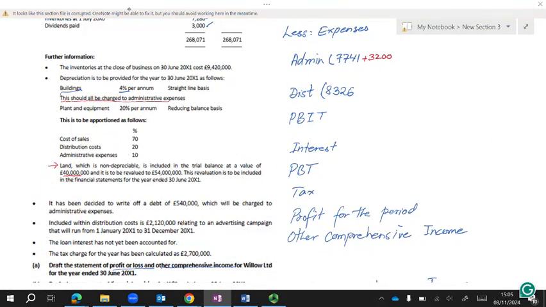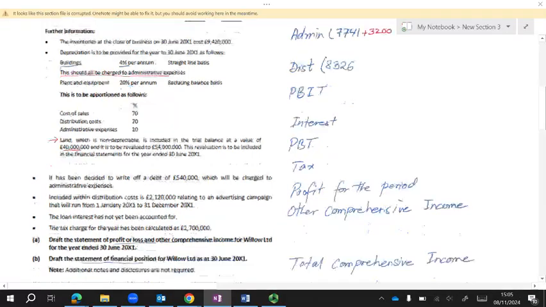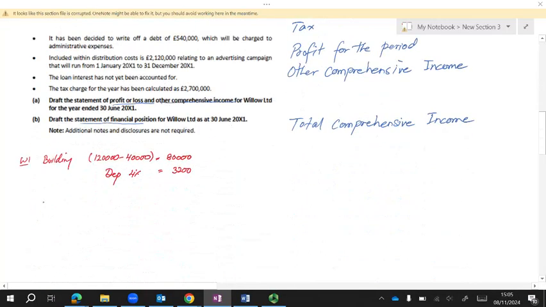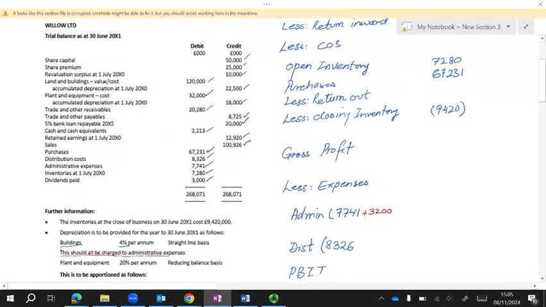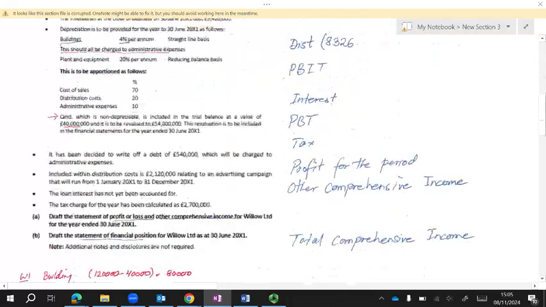Next, the effect of depreciation of plant and equipment. So let's write plant and equipment. The value of plant and equipment given in the trial balance is 32,000 and the accumulated depreciation is 18,000.